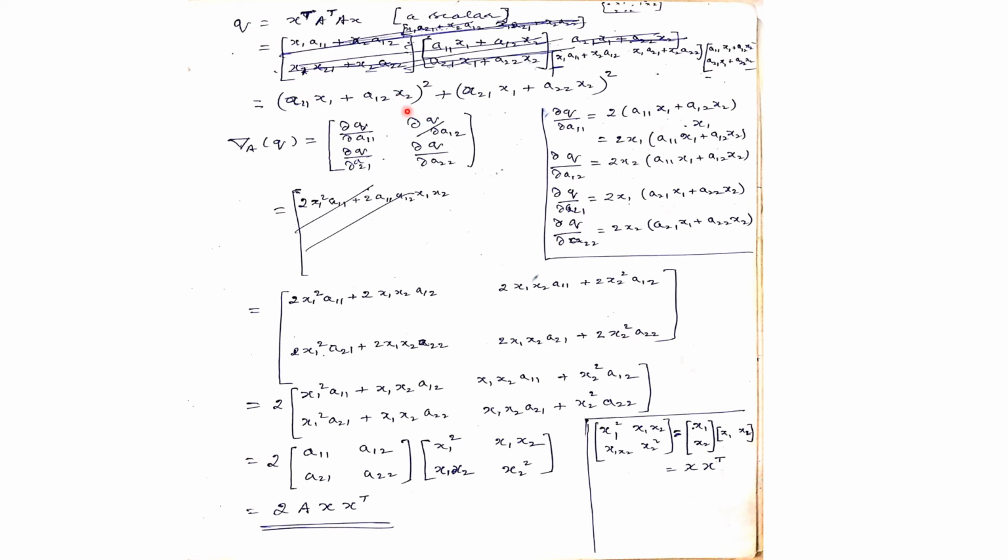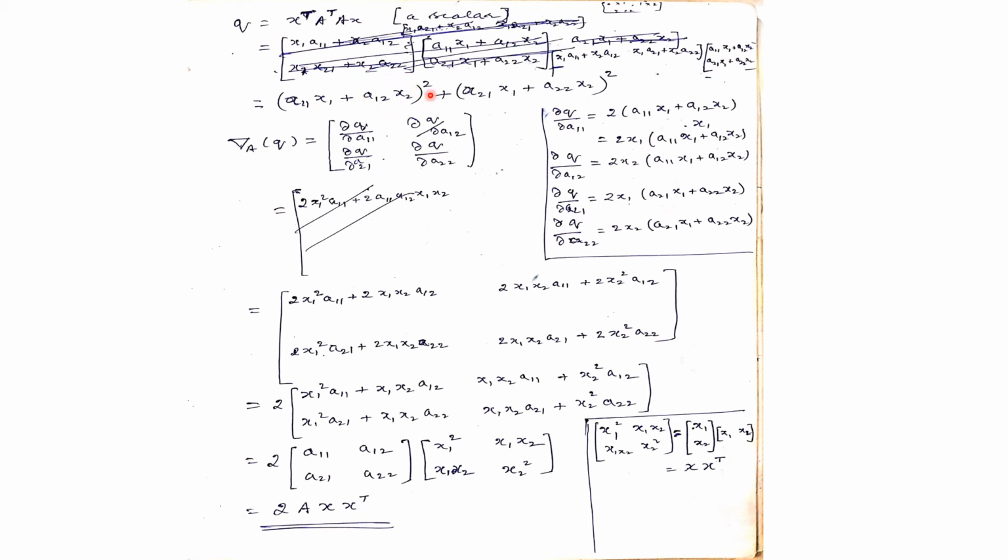If you look at the second term, it does not contain a11, and hence the derivative of this second term is 0. The derivative of the first term is 2 into this multiplied by the derivative of this, which means that it is 2 into (a11 x1 plus a12 x2) multiplied by the derivative of (a11 x1 plus a12 x2).